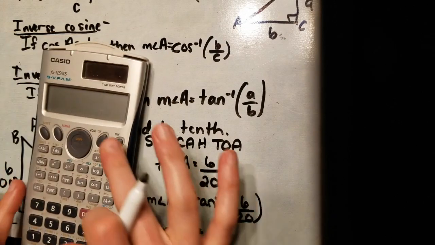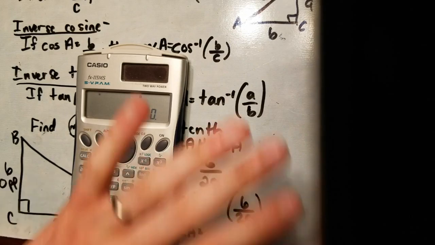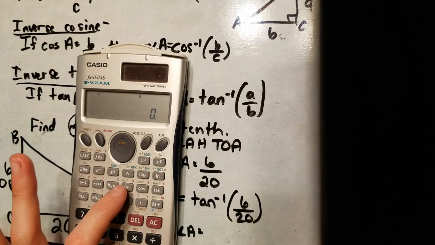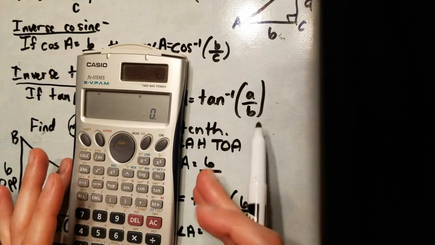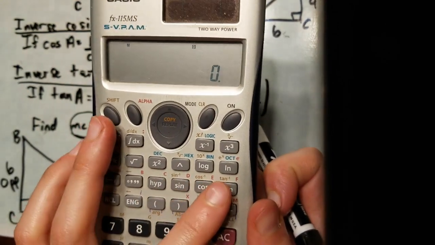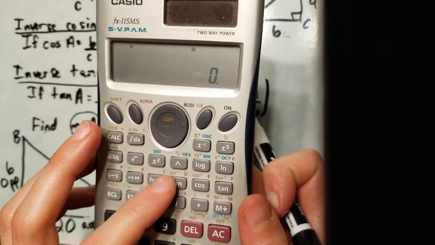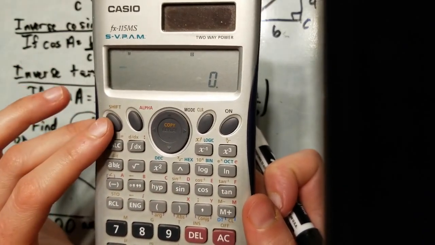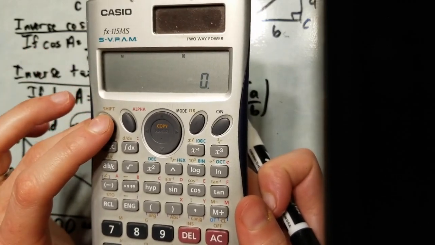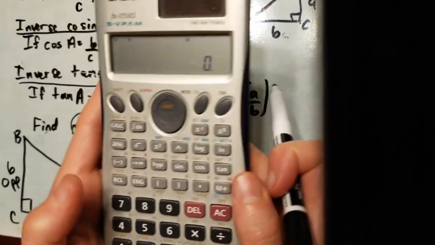All right, so I'll show you how to type this in the calculator. No matter what calculator you're typing it into, if you look at the sine, cosine, tangent buttons, you'll see that right above those you have inverse sine, inverse cosine, inverse tangent. To get to those buttons, you're going to have to press either a shift key or a second key, usually on the upper left-hand corner. So I would hit shift, and then depending on which one I need, in this case tangent.